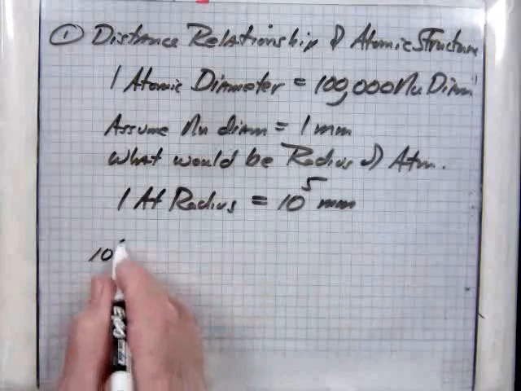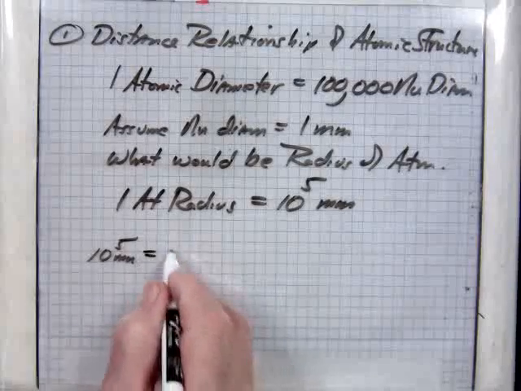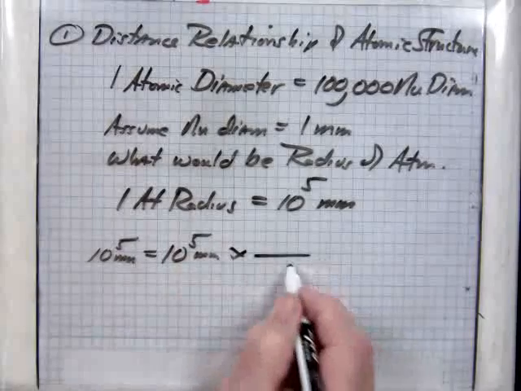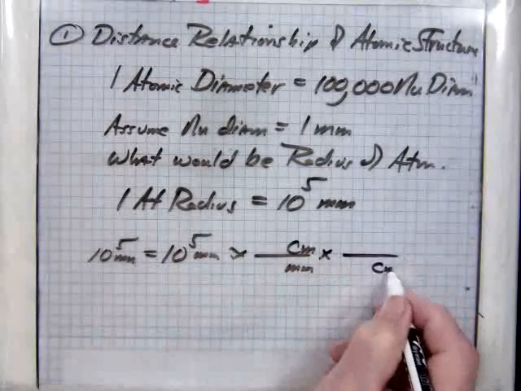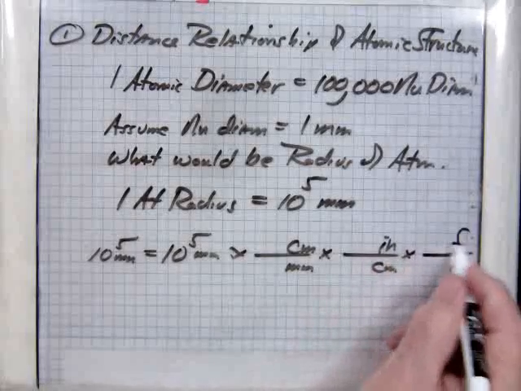So 10 to the 5th millimeters being the diameter. Put the identity down, millimeters. And we'll go to millimeters, goes to centimeters, and centimeters goes to inches, and inches goes to feet.